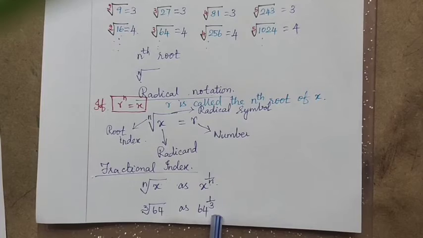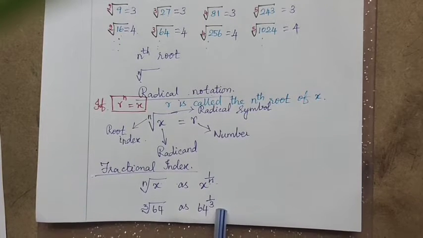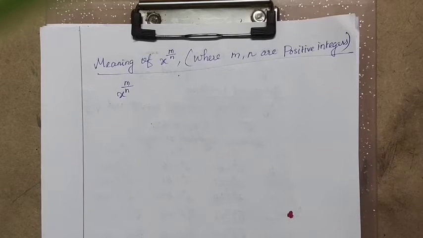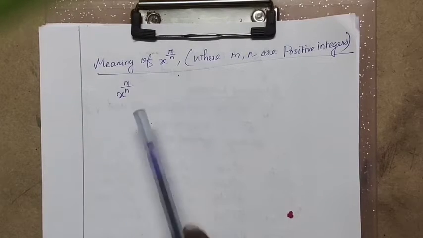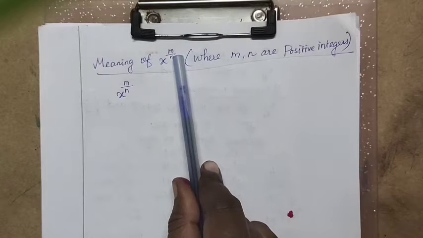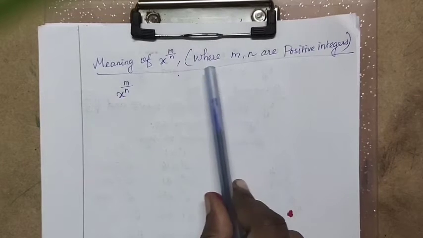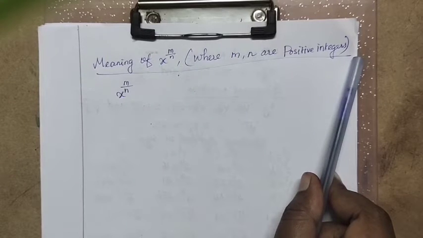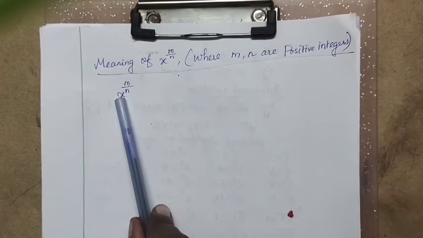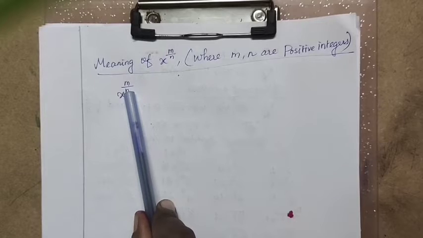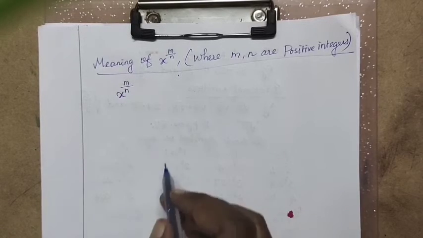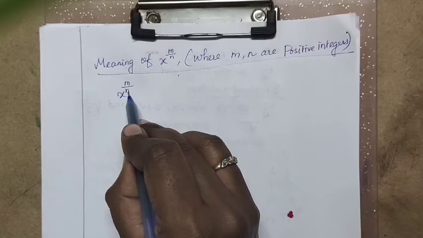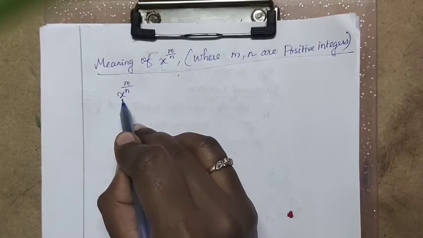Then the last one, how to read the numbers, that is given. Next, meaning of x power m by n. Here m, n are positive integers. When we interpret x power m by n, either as nth root of mth power of x.